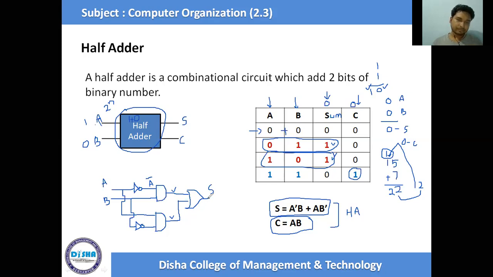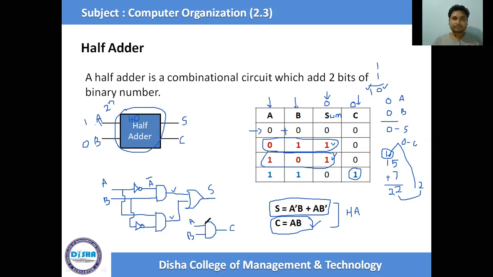Okay, so similarly we can draw the circuit diagram for this equation, that is C equals AB. It's very simple. There is no NOT form here. It is the AND operation, that is A and B. So just look at this.